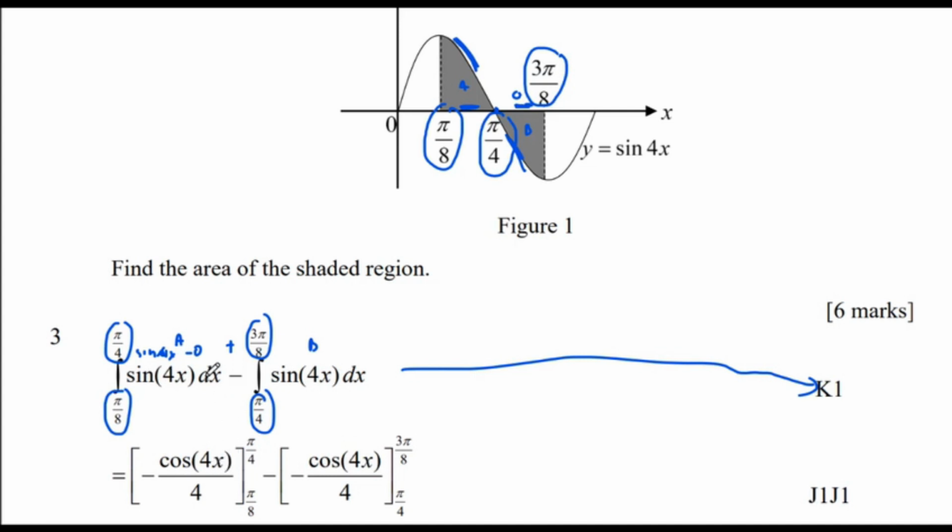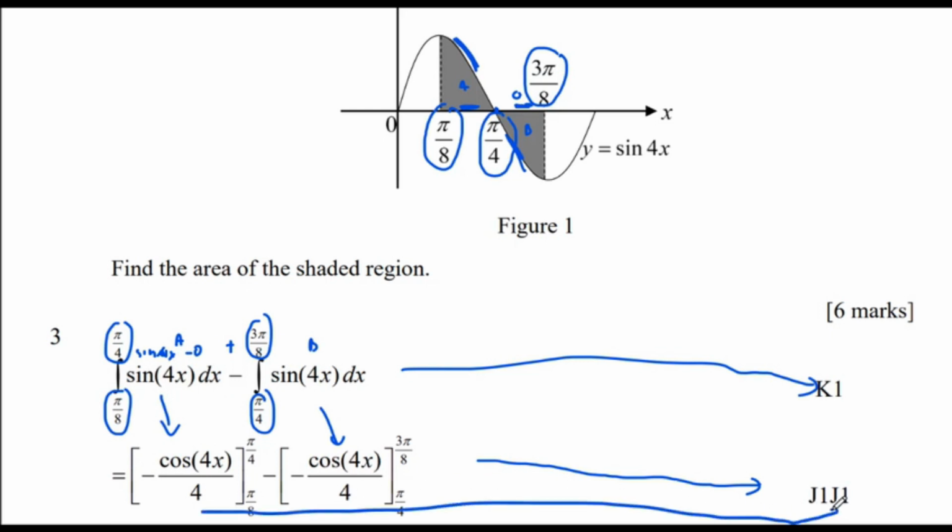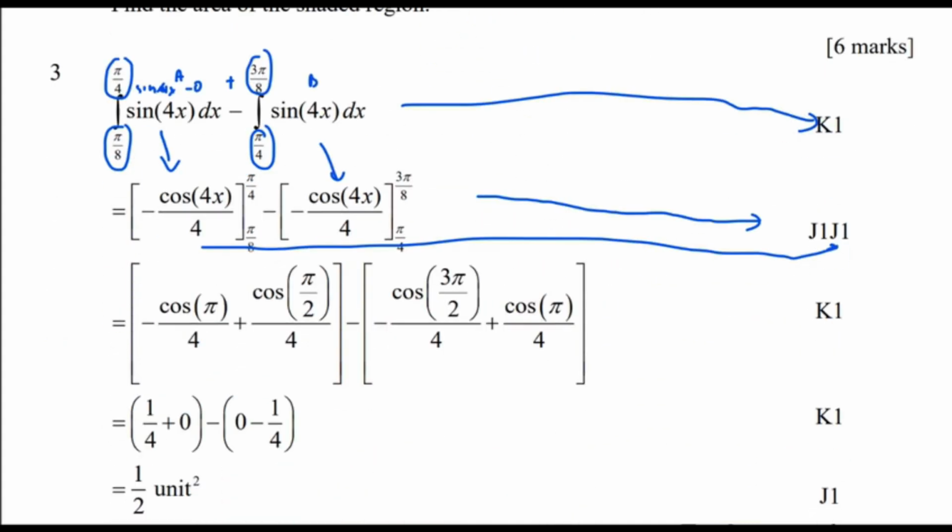Kemudian kita akan integratekan sin 4x menjadi negatif cos 4x over 4. Pun sama ni. Dan masukkan limit. So J1 untuk integration both side. Alright. Okay. Seterusnya apa kita akan buat adalah kita akan masukkan limit dia. So, limit yang atas adalah pi over 4, limit yang ke bawah adalah pi over 8 ni.